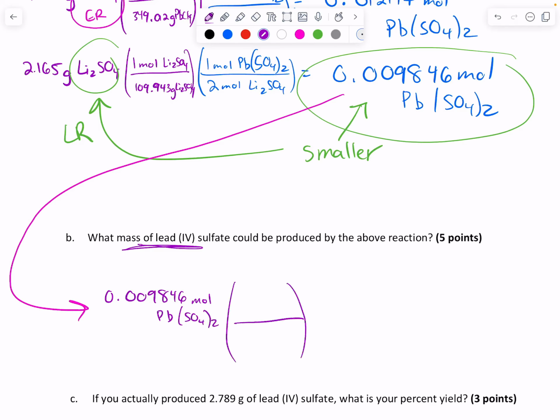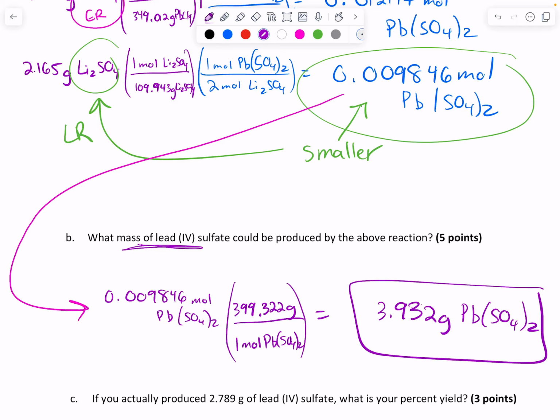I need to convert that into grams, and so once again I use my molar mass, and I have pre-calculated that to be 399.322 grams. That's going to give me 3.932 grams of my product.